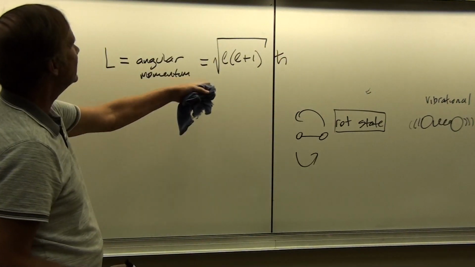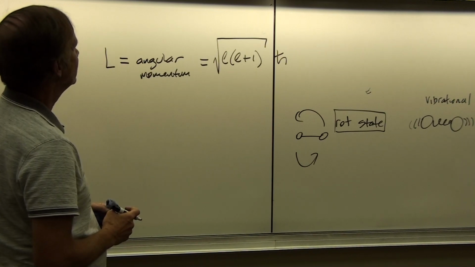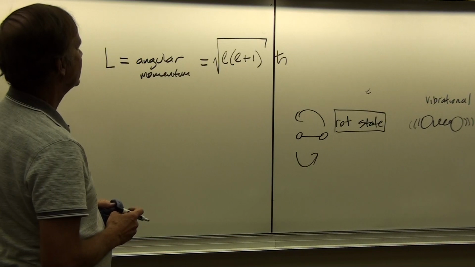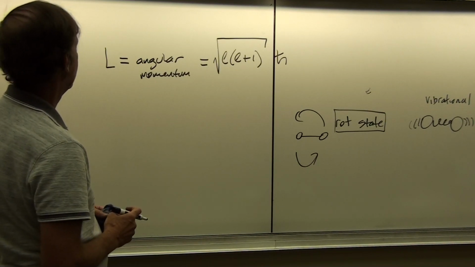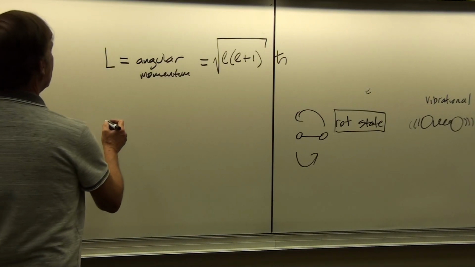So we've already seen that this sort of thing works for an object that is rotating in the solution that we got for the angular momentum for the hydrogen atom. And so that still works here for molecules.